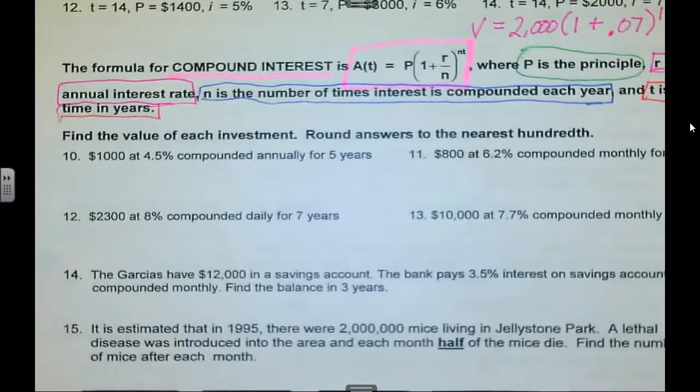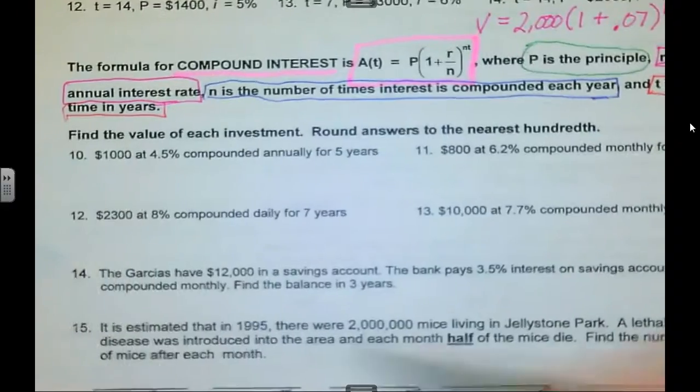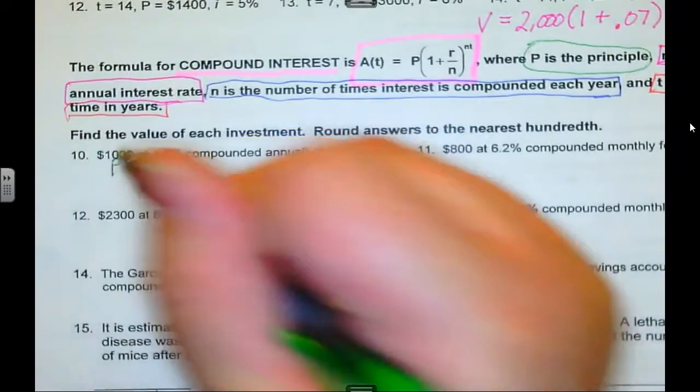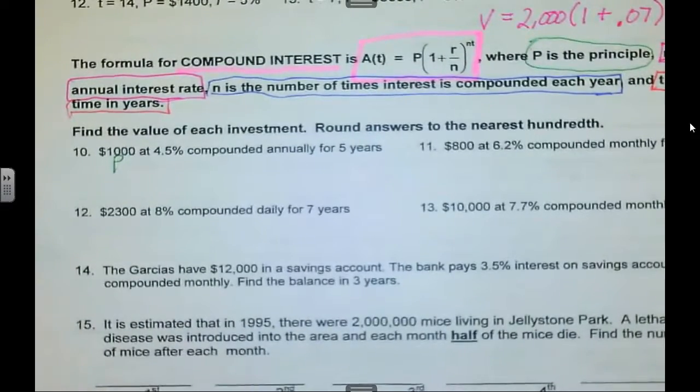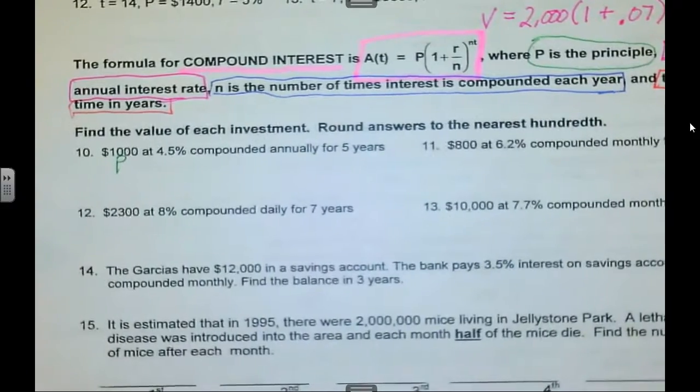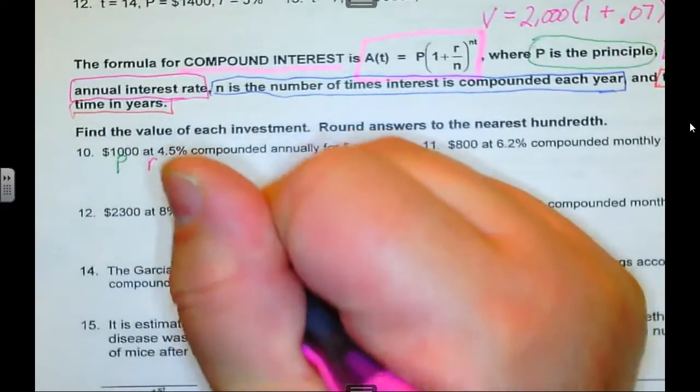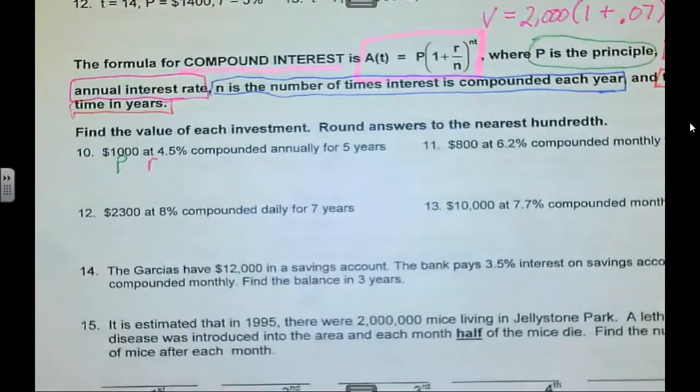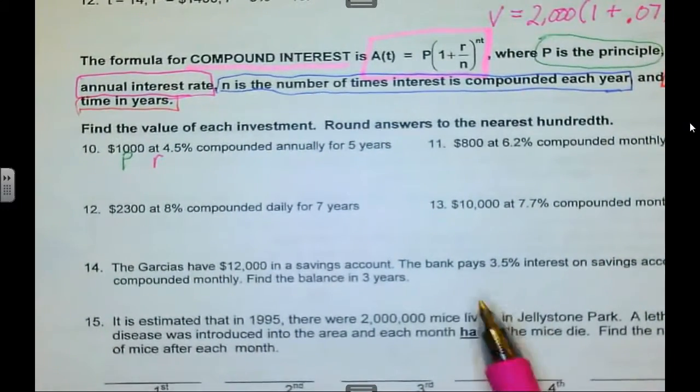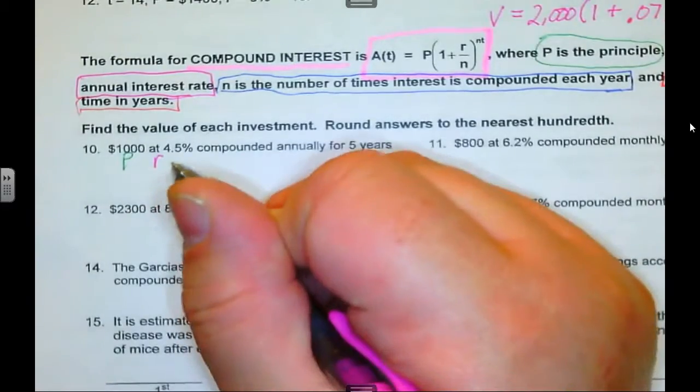All right, number 10. Let's figure out what our variables are. $1,000. So that's our initial investment, right? Our initial principal. That's our P. 1,000. 4.5%. Well, we used to use I, but now we're using R, right? So that's our R. And we're going to move that decimal place over how many times? To the left twice.